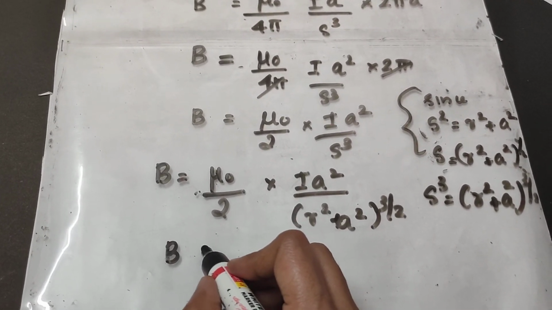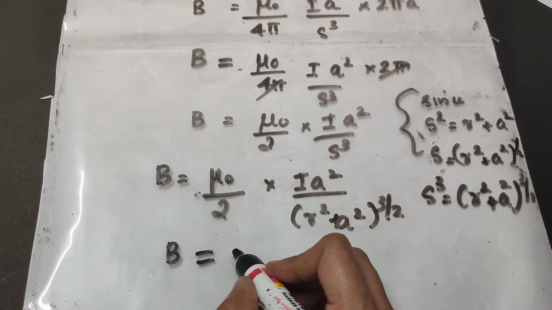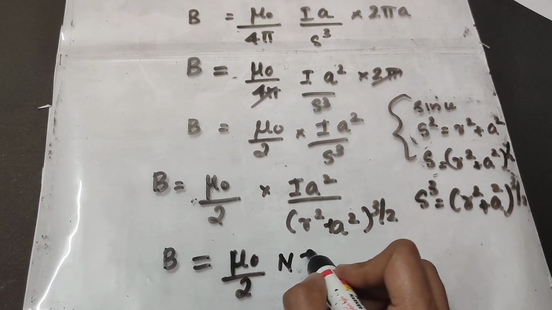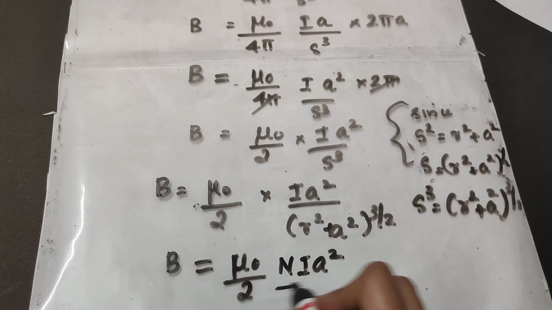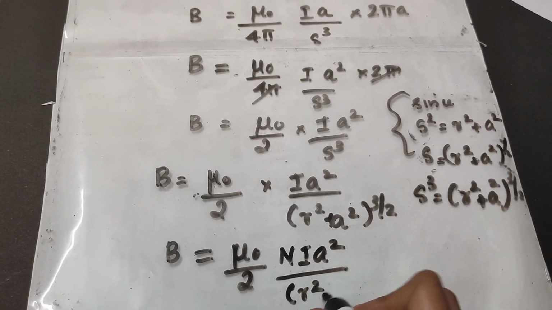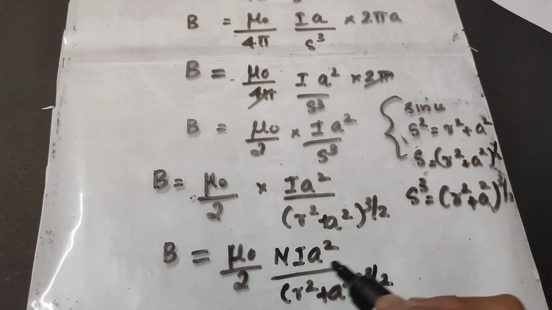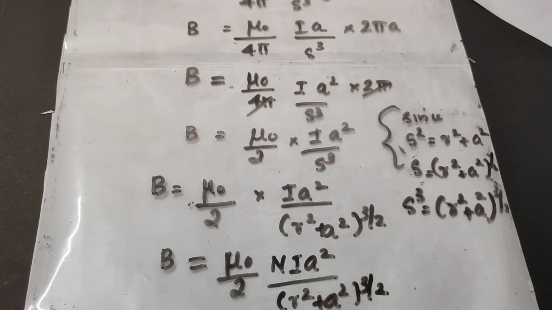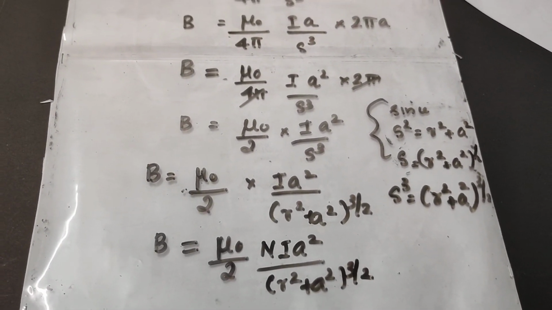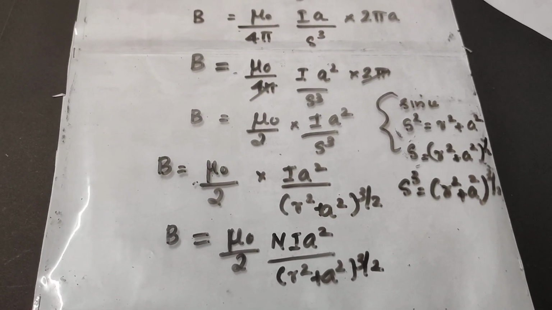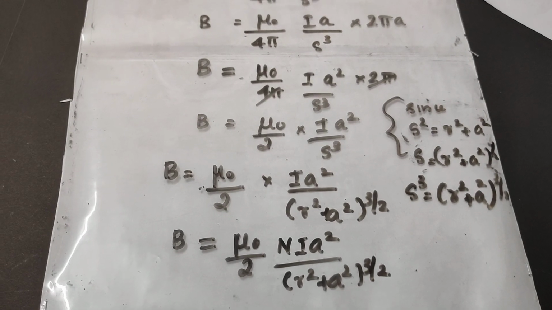So it will become μ0/2 · N I a² divided by (R² + a²)^(3/2). So this is how we calculate the magnetic field on the axis of a circular loop. Now let us consider the special cases.